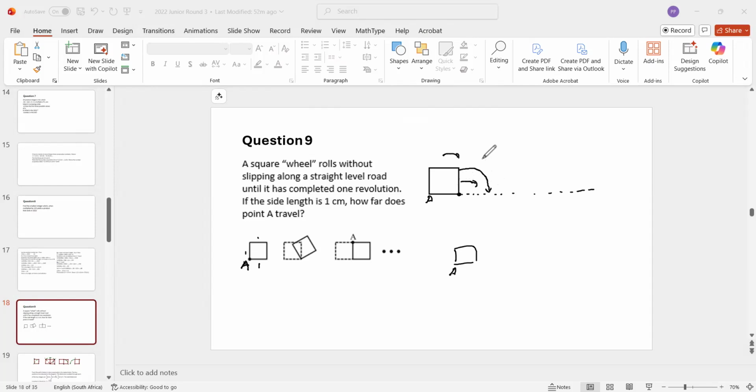So you rotate it in a clockwise direction through 90 degrees. And when that happens, A shoots to the top. So that's stage 1.